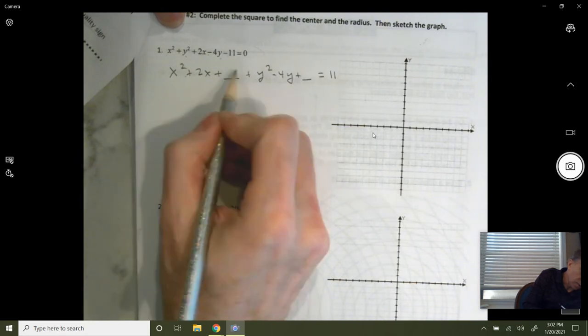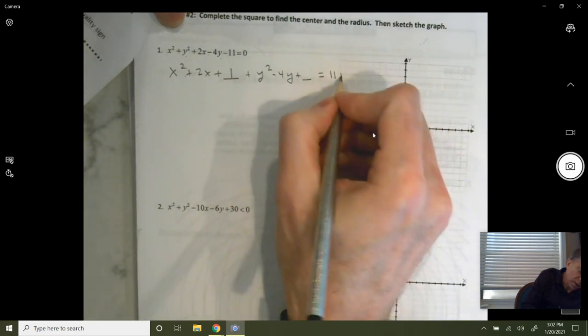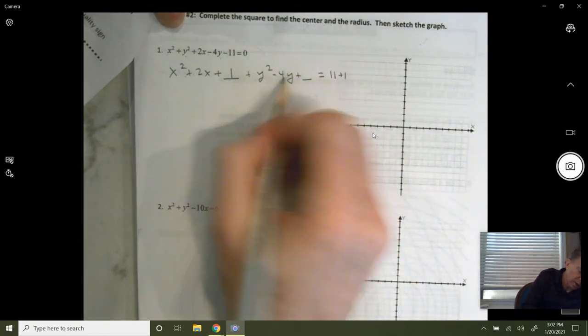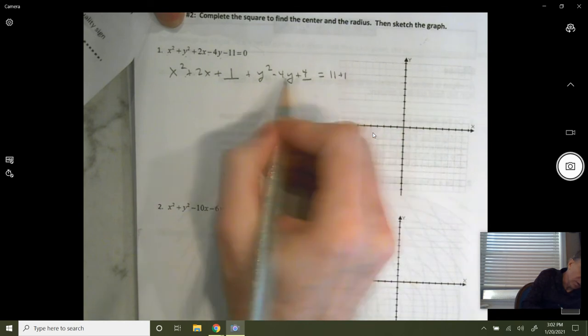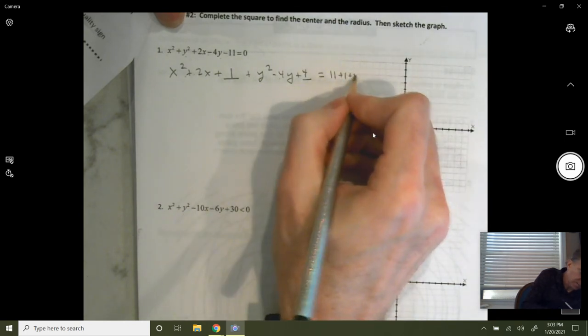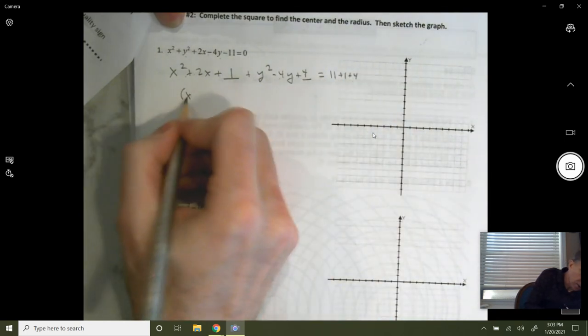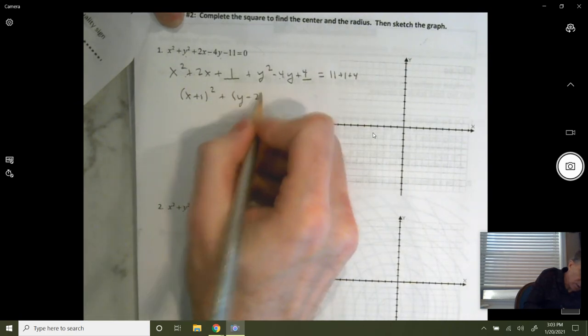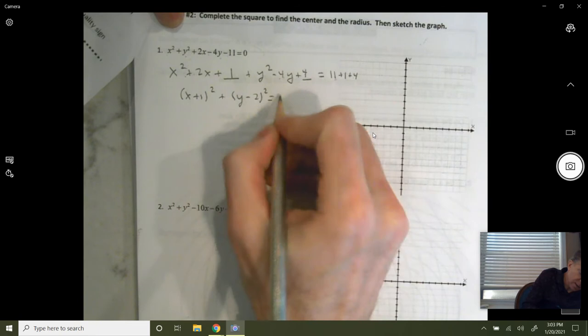So 1 squared is 1, which means I'm going to add 1 to the other side. Here I take half of that, which is negative 2, square it. I'm adding 4. Add 4 to the left side. I have to add 4 to the right side. So this is x plus 1 quantity squared plus y minus 2 quantity squared equal to 16.